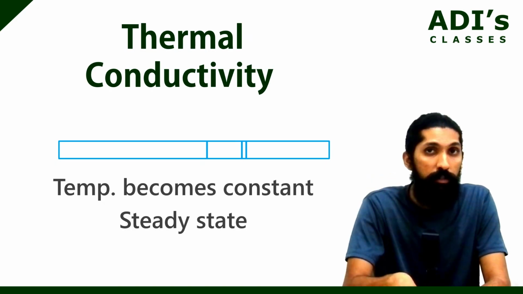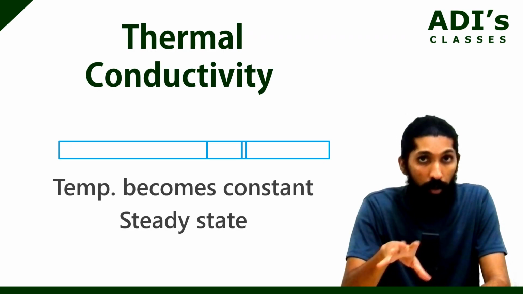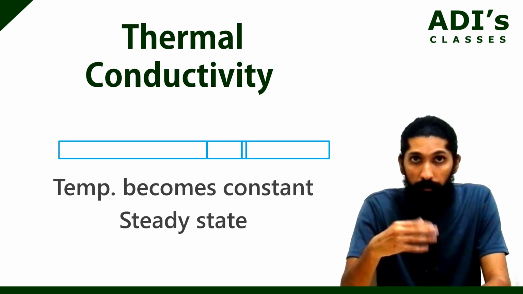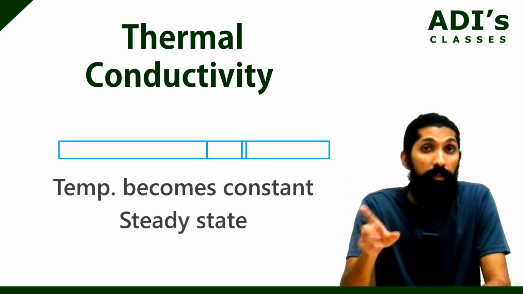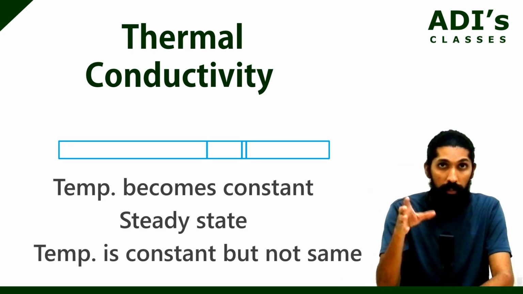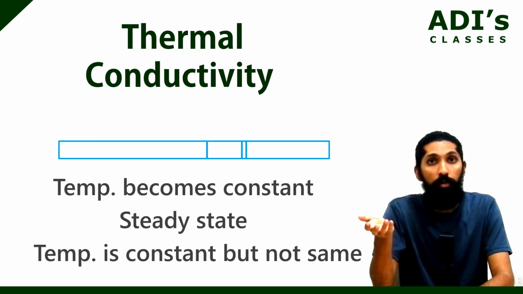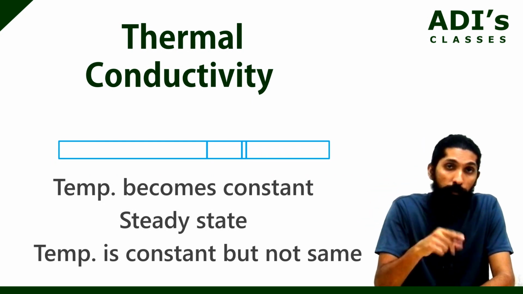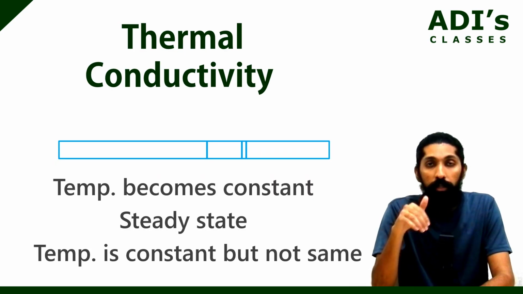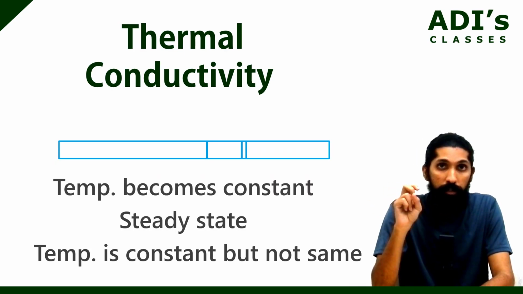Now, please understand, when we say the temperature remains constant when it reaches the steady state, the temperature is not the same throughout the metal rod. In the sense, the place where I'm supplying the heat will obviously be higher in temperature compared to the far end. The near end and the far end will have a temperature difference.